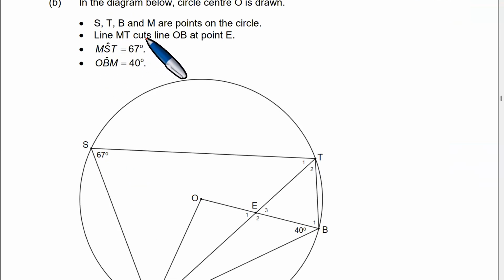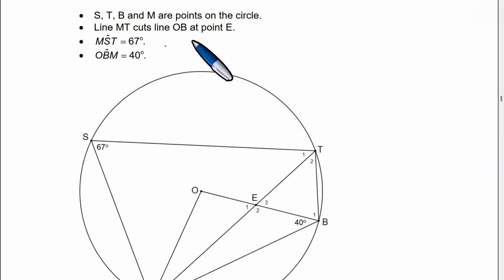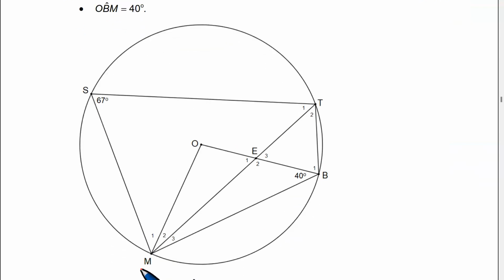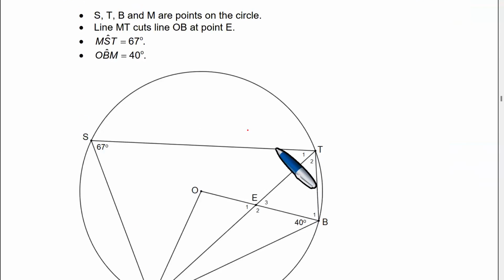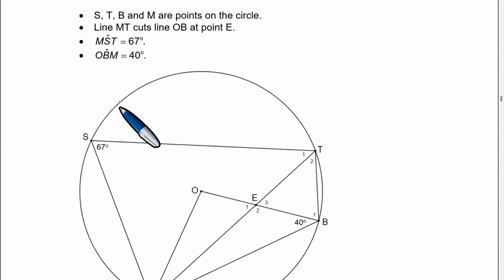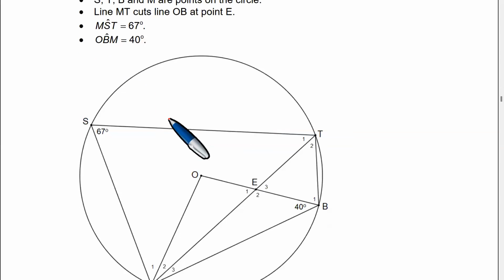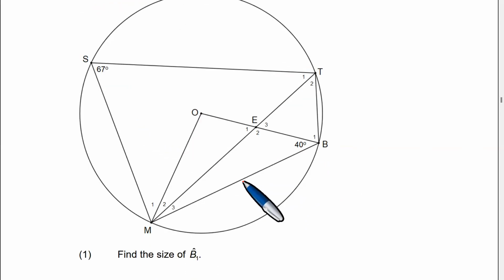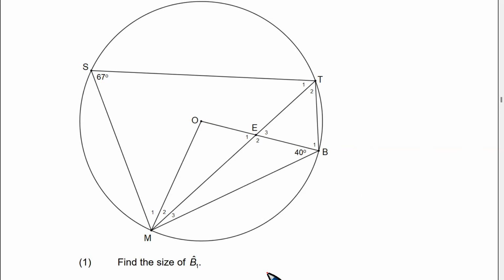Line MT cuts line OB at E. Angle MST is 67 degrees, and angle OBM is 40 degrees. There it is, 67 there. Here comes the first question.